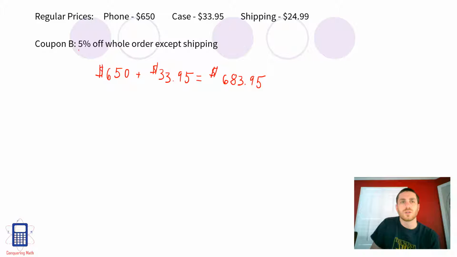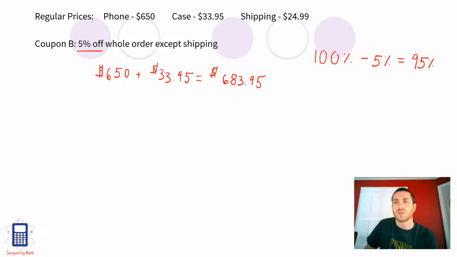Now what we need to do is look here, and it says 5% off. Well, if it's 5% off of the full price, 100% would represent the full price. We have 5% off. What that means is that RJ is going to pay 95% of the original cost. I like to do it this way. I think it's a little easier than finding 5% of $683.95 and then subtracting after, but that's another way that you could do this. So since it's 95% of $683.95, of means multiply.